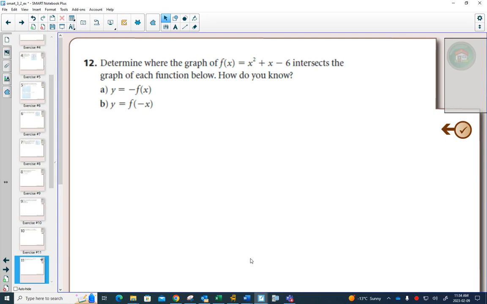So generally, on a question where when you initially read it you have no clue how to solve it, because we've never done one like this before, you have to access your problem-solving skills. Number one problem-solving skill is, well, what do I know? So in this question, it's like, determine where the graph of f of x, oh, that's a parabola.